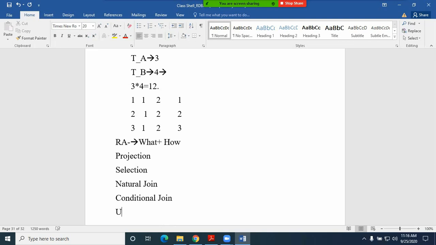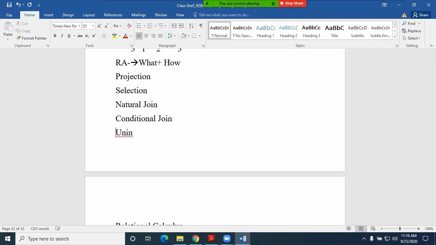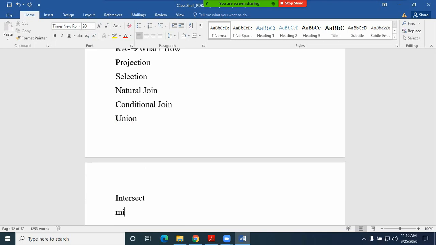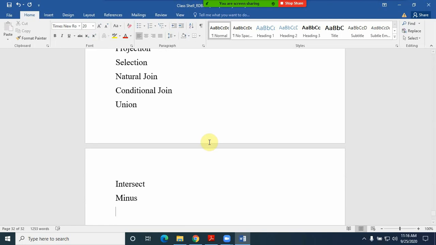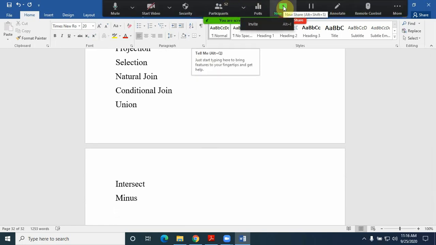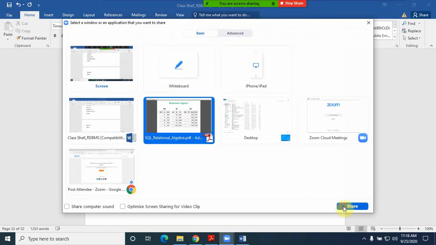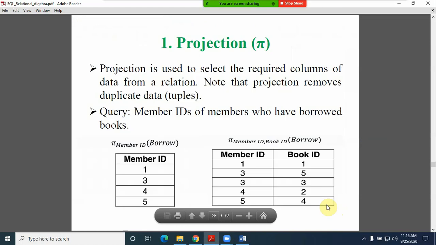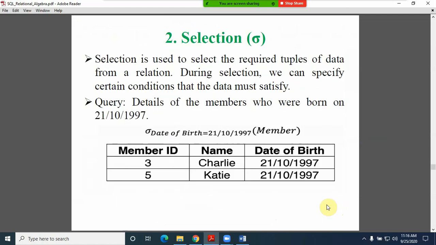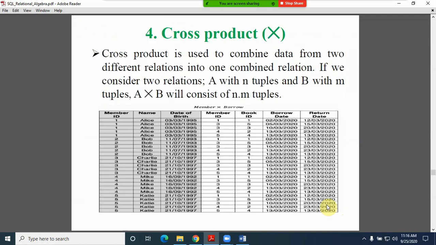and then we are having union, and intersect, and we are having minus. What else have we discussed, friends? Let me see. Projection mentioned, selection I have mentioned, rename I forgot, rename and cross product.